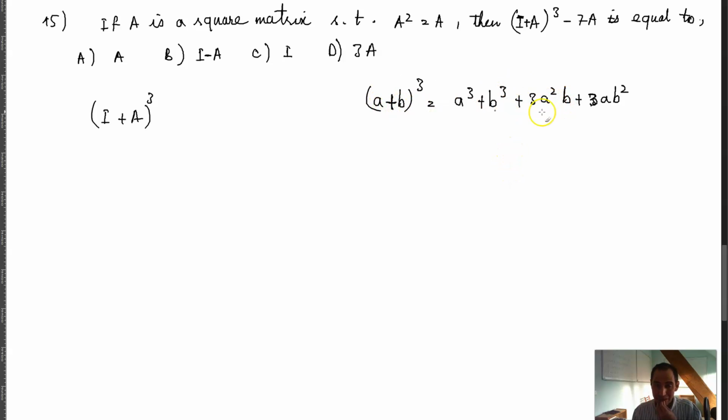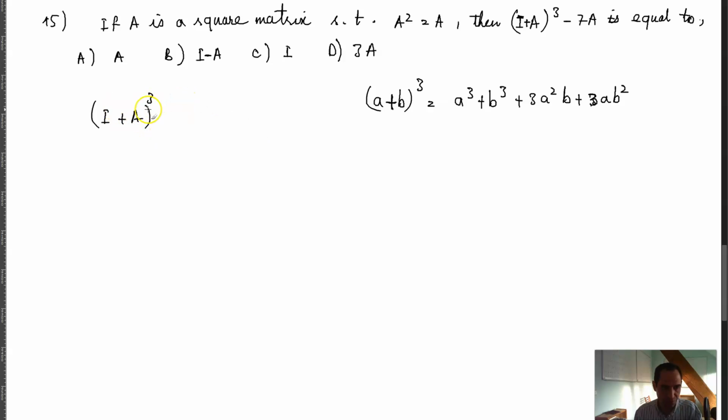Now it seems that it actually works for matrices, at least when one of these is the identity matrix.